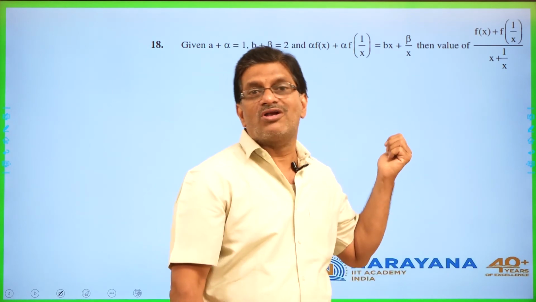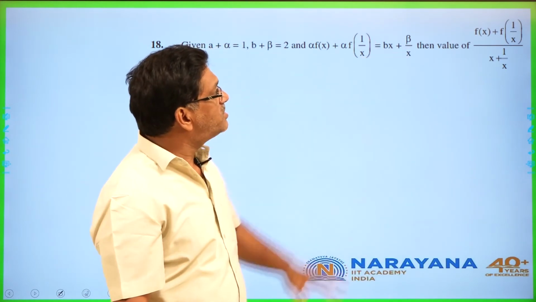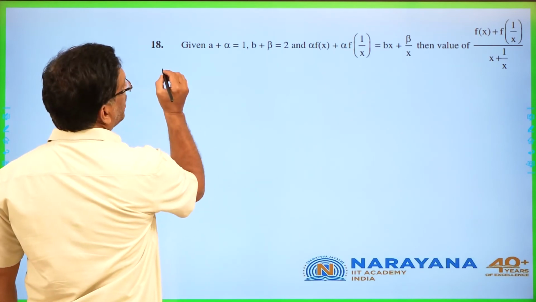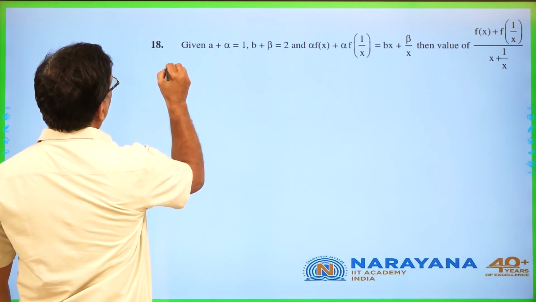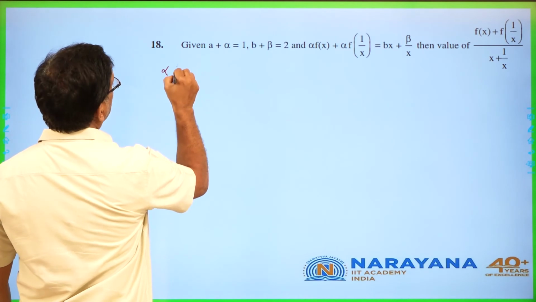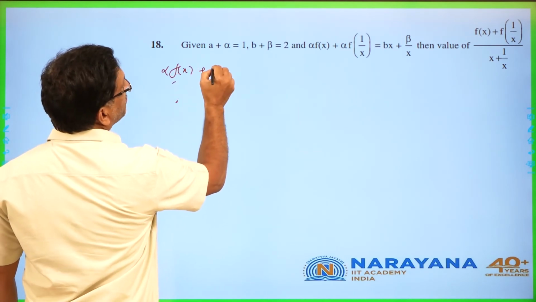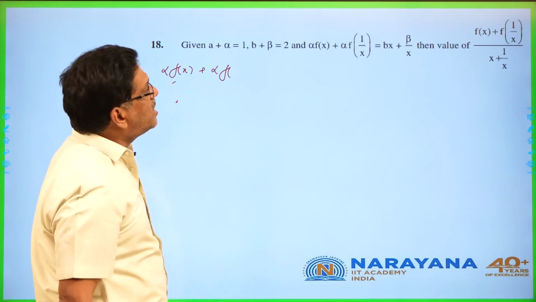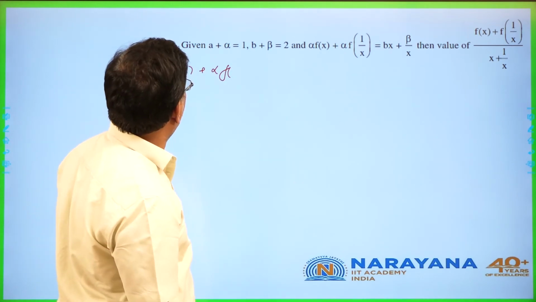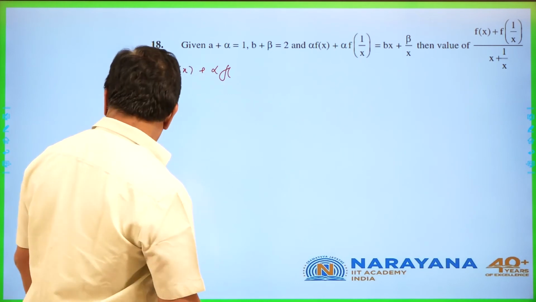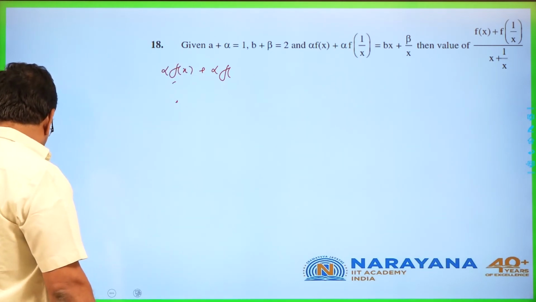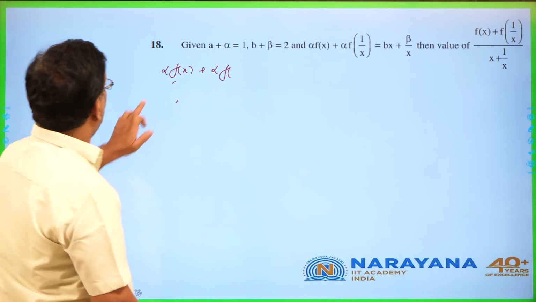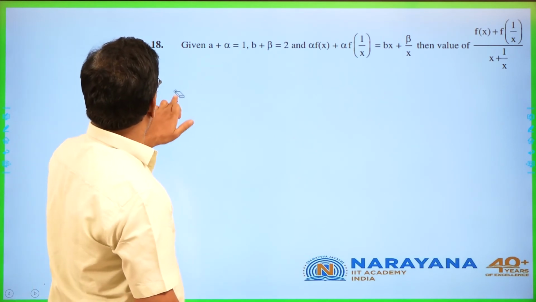But here he is not asking for the function, he is asking in that format only. That's why alpha into f of x plus... sorry, this is also not alpha because beta is given. I think there is a mistake in the question. Let me check it out.